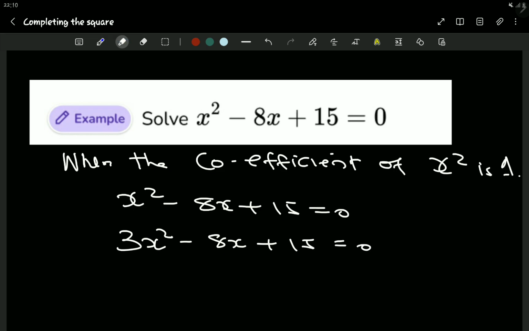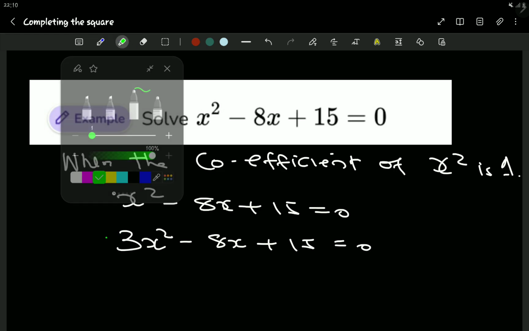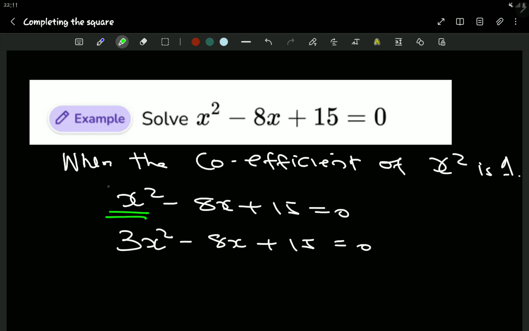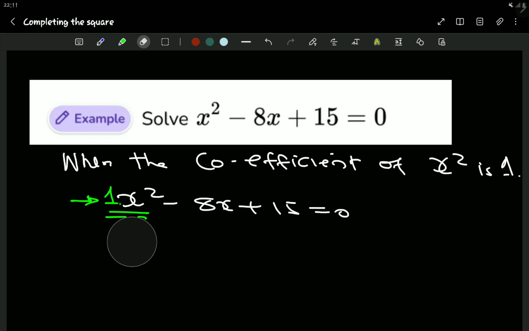Now, if you check, you'll realize that on one hand, the coefficient here is 1, so I don't need to divide the equation. However, if I went with the second one, I'll have to divide through by 3 as my first step. But I'll do an example like that in a short while.